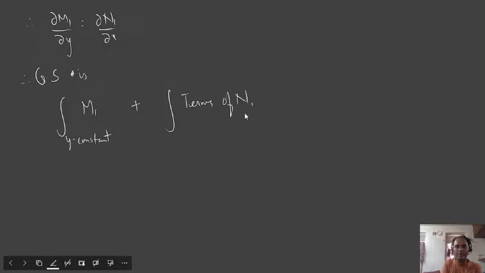Therefore the general solution is integration of M1 dx, y treated constant, plus terms of N1 free from x, dy, equals c.